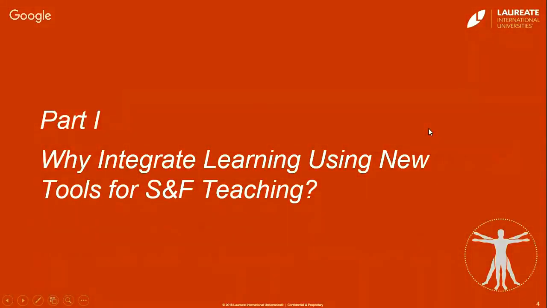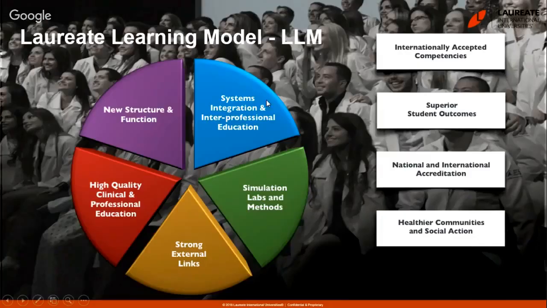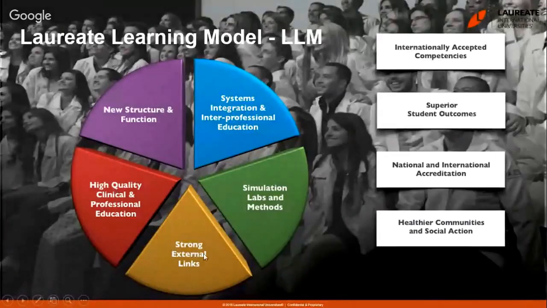This is our Laureate learning model, the chart that designs our model, and we have 5 principal, most important axes: systems integration, interprofessional education, simulation labs and methods, strong external links, and high-quality clinical and professional education.